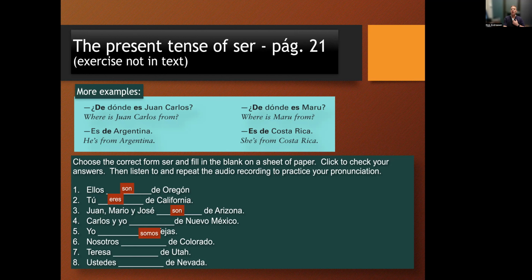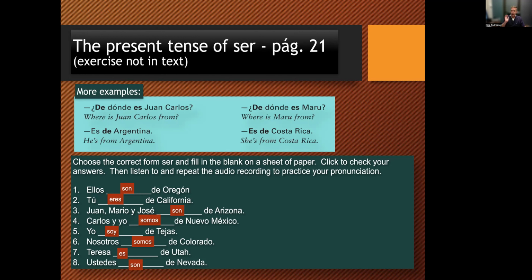Carlos y yo somos de Nuevo México. Número 5. Yo soy de Texas. Número 6. Nosotros somos de Colorado. Número 7. Teresa es de Utah. Número 8. Ustedes son de Nevada.